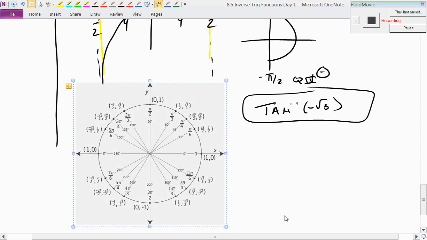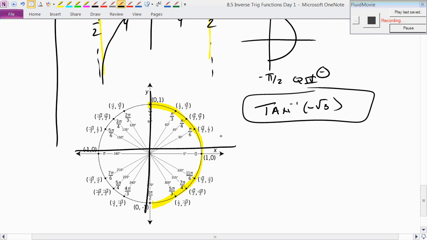So we're going to look on our unit circle here. We're going to restrict our looking to the first quadrant and the fourth quadrant. We want our angle to be negative, so we must be down here in quadrant 4. And what we're looking for is a tangent that is negative square root of 3. Remember, tangent is sine over cosine, so it's going to be the second one divided by the first one.